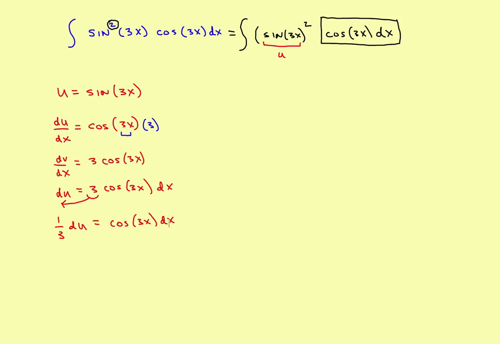Now, at this point, I needed a cosine 3x dx, and I've got that, so I'll put a little box around that. And what's in these two boxes agrees, so I can trade this out for 1/3 du. So that's my U-substitution. Again, just to isolate that, I'll stick this in its own little box over here.